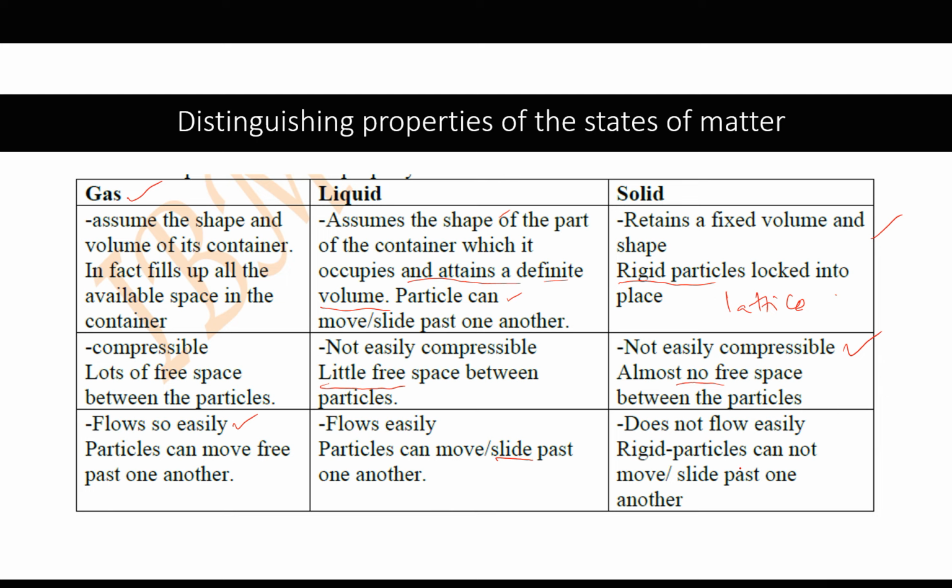So the particles of solids do not flow easily because they are interlocked into one another. They are actually fixed into place. They are only able to vibrate about their equilibrium position.